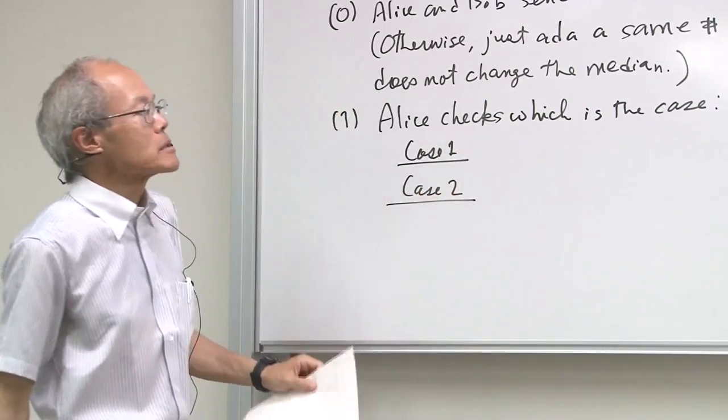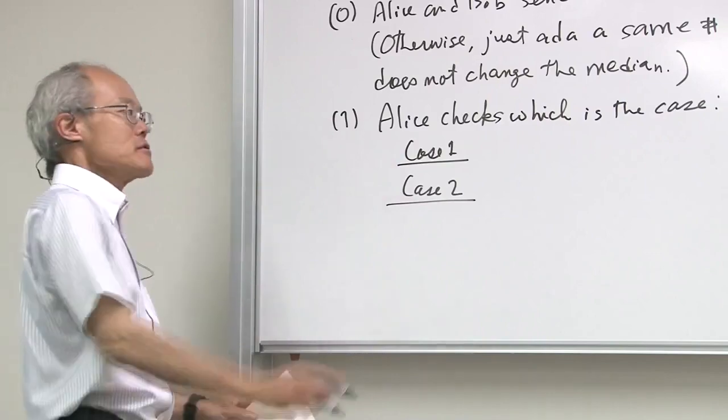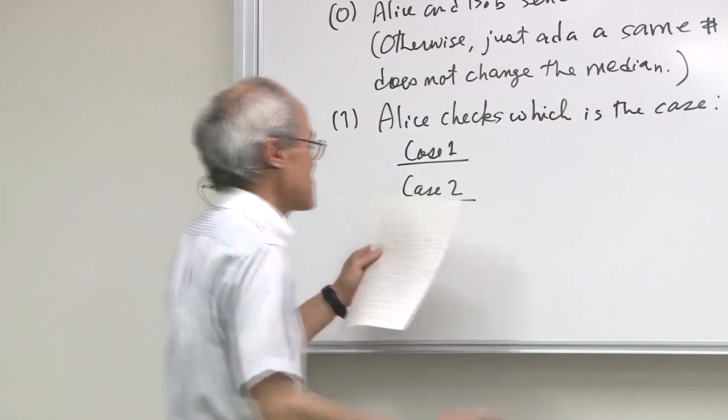So now Alice checks which is the case. We have two cases, case 1 and case 2.